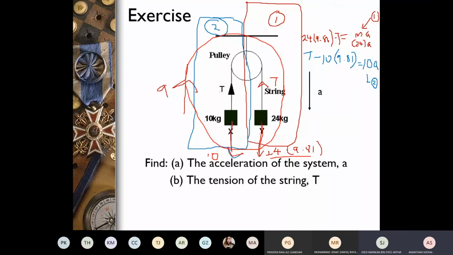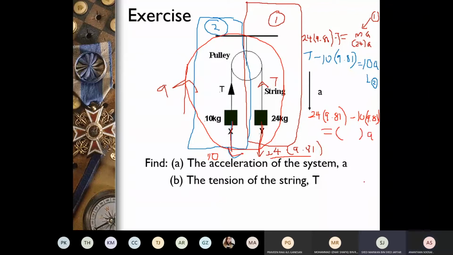So what is the force pulling it down? 24 times 9.81 is the one force pulling it down. Minus what force opposing? What force is opposing it? The weight of the 10, 10 times 9.81, equals to ma.